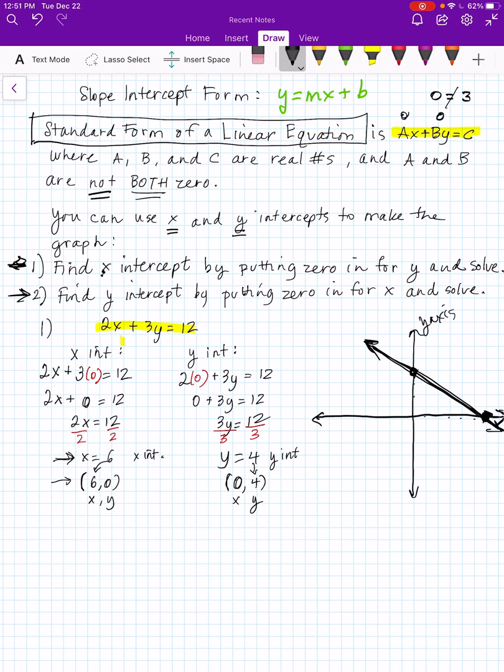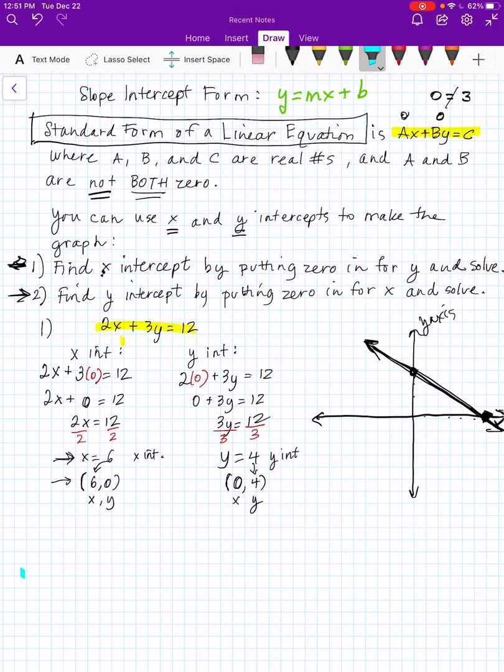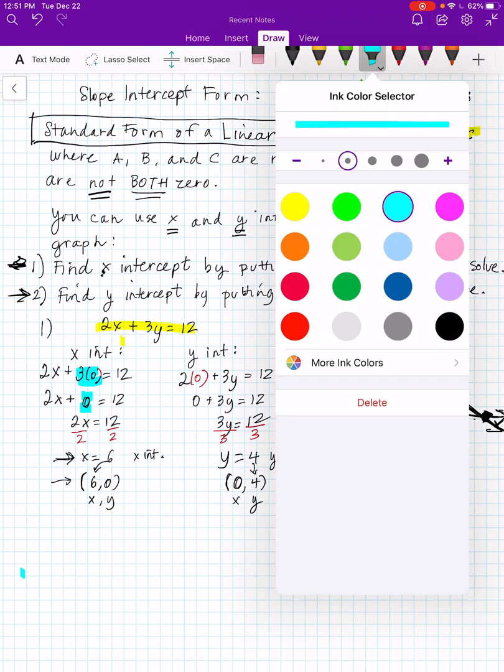Notice what happens when you are finding the x-intercept. When I was looking for the x-intercept, I put in 0 for y, and then notice it disappeared.